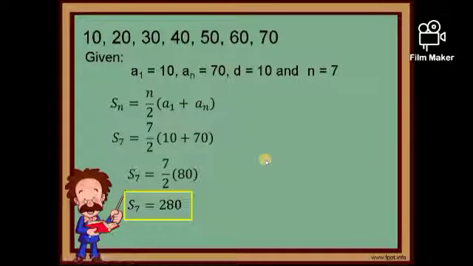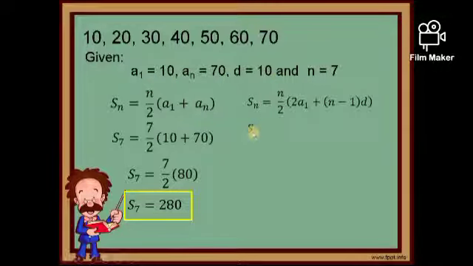So let's proceed to the second formula. How about if we use the second formula? So S sub n is equal to n over 2 times the quantity 2 times a sub 1, or the first term, plus n minus 1, the number of terms, times the common difference d. Substitute all the given values in our formula.